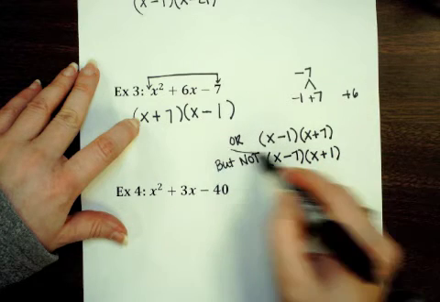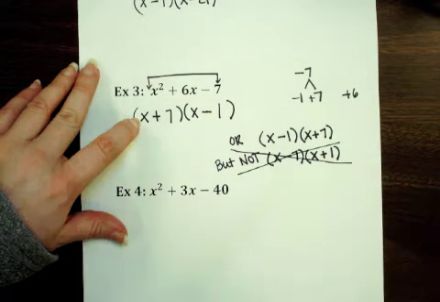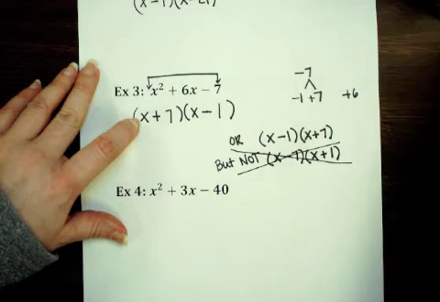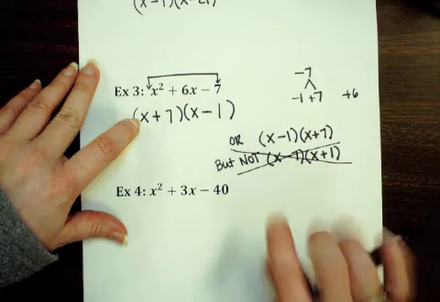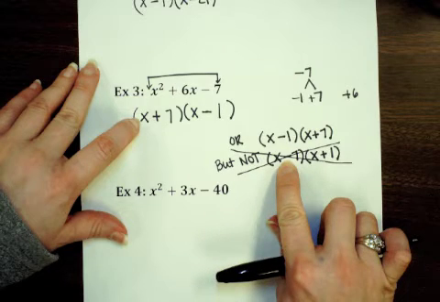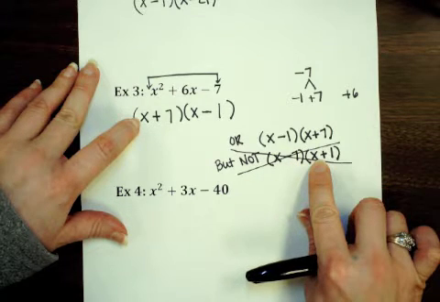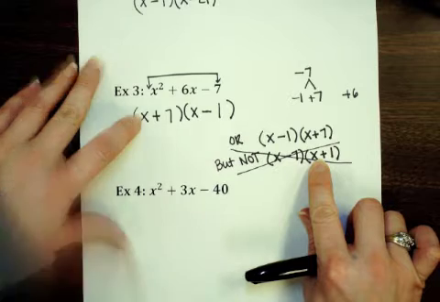You cannot do that. You can change the order of the parentheses, but you cannot change the order of which one gets the negative and which one gets the positive. Do you understand?